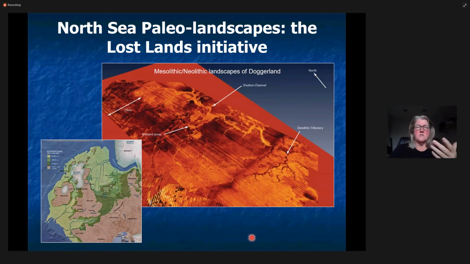And the Lost Lands Initiative has mapped the Mesolithic and Neolithic landscapes of an area called Doggerland. And you can see Doggerland down here. And so they've taken the upper 500 milliseconds or less of the data, and the companies over in Europe have allowed them to use these data sets to map the Paleolithic history of these lands.